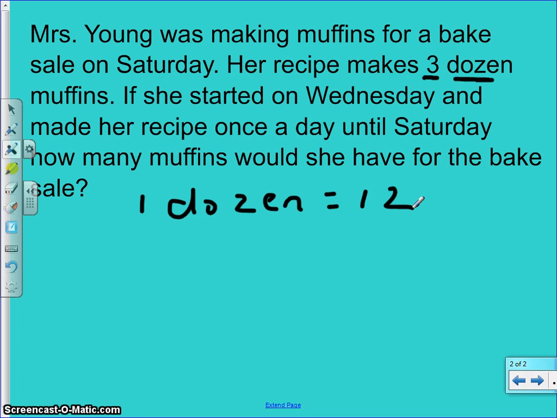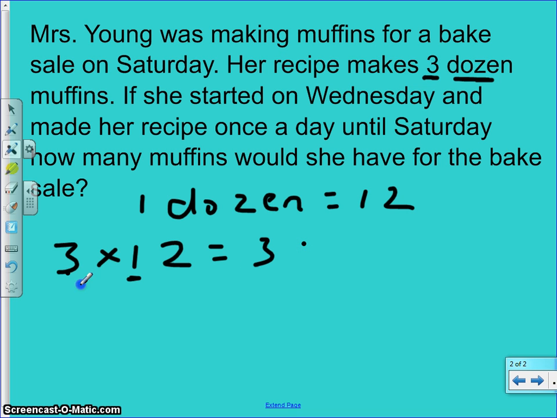So if her recipe can make 3 dozen, the first thing I need to figure out is how much one recipe makes. So that would be 3 dozen, so it would be 3 times 12. Okay? 3 times 12, let's see, I can do 3 times 10, and I know that's going to be 30.